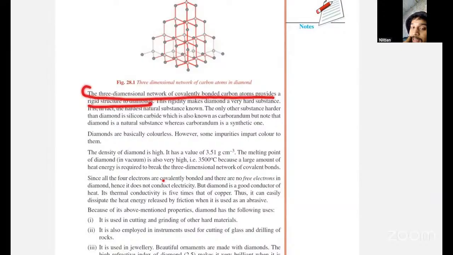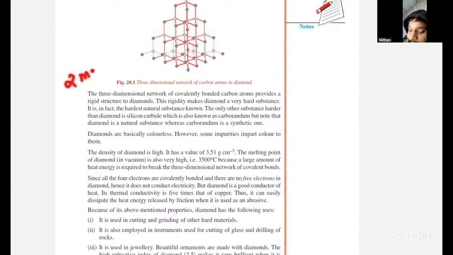That's why they are the hardest substance. Got it? So it can come in 2 marks questions. Everyone, please mark it in your respective PDF or book that diamonds are rigid because of their 3D structure.